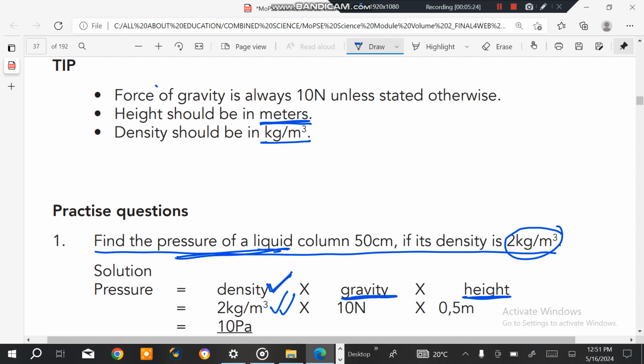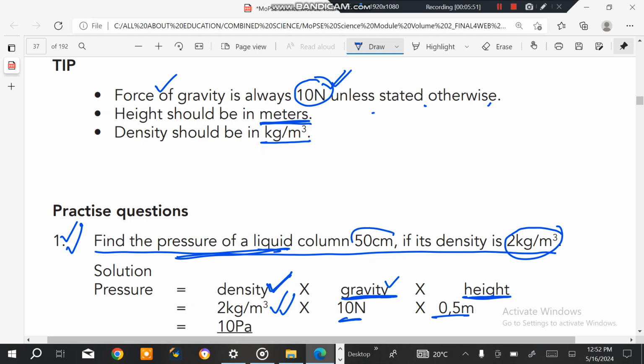Force of gravity is always 10 Newton unless stated otherwise, which means if they didn't include the gravity in the question, you must always use 10 Newton representing the gravity. That's why we said times 10 Newton.